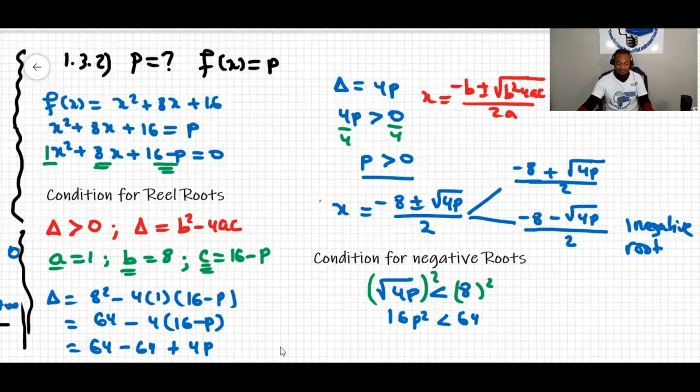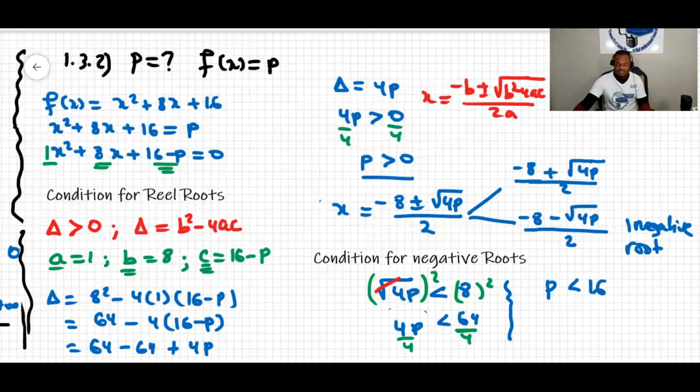And then we divide both sides by 4, because the power of 2 cancels the root and we are left with only 4p. We get p, not p squared, but p lesser than 16.